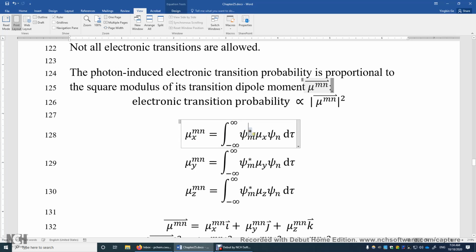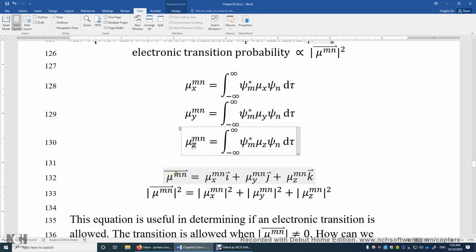Star means complex conjugate. And then mu sub x, that's the dipole moment of the molecule in the x direction. And this is the wave function of this nth excited state. This is y component, z component. You just need to replace mu x with mu y and mu z.